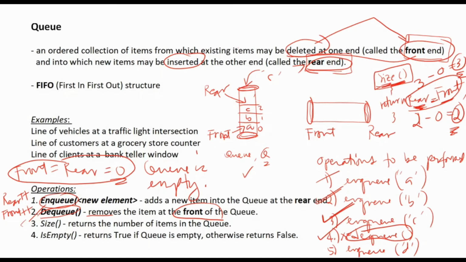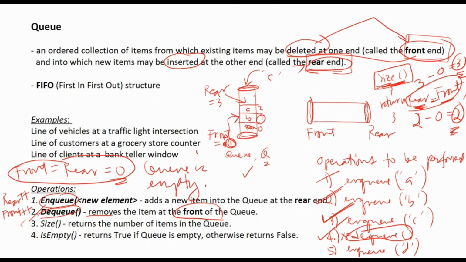So front now, from 0, it now becomes 1, and rear is 3. That's the value of front, and it is pointing to B. Front is equal to 1, which points to B, having index 1. And so A is considered as deleted or removed from the queue.